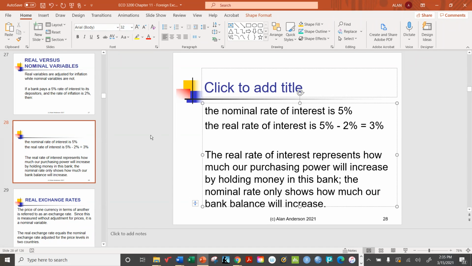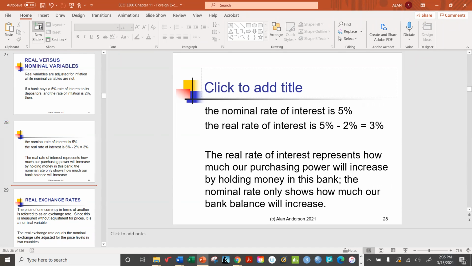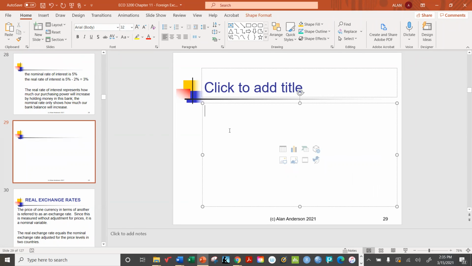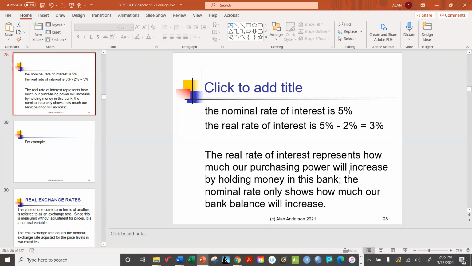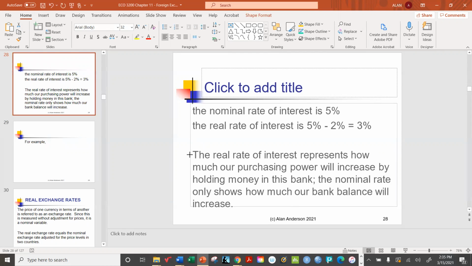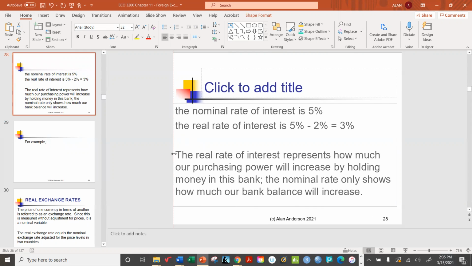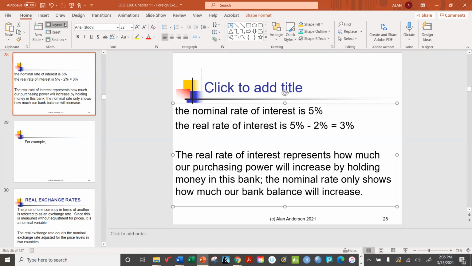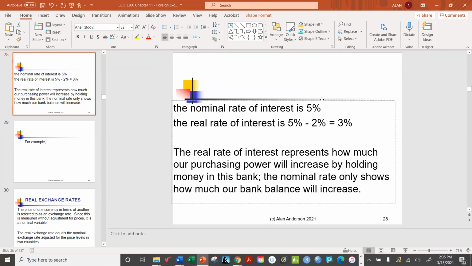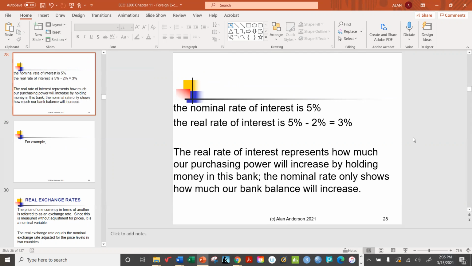The real rate is an attempt to measure how this affects your purchasing power. The nominal rate just tells us how much our dollar balance will go up. And they're not, of course, the same thing. So nominal is 5, real is 3.